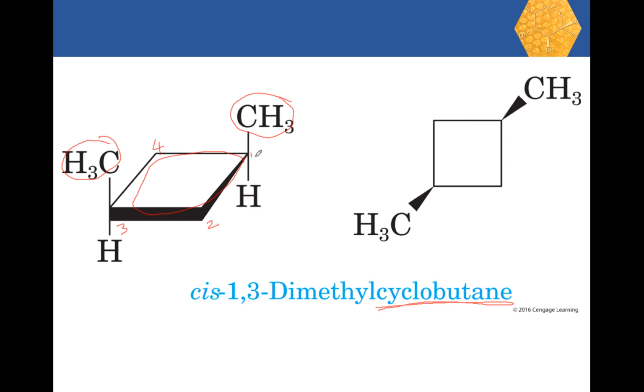They are on position number 1 and on position number 3 of the ring, so therefore it's a 1,3 dimethyl. Notice this di here represents these two. And of course methyl, because it's only one carbon and one carbon here. It's cis because they are on the same side.